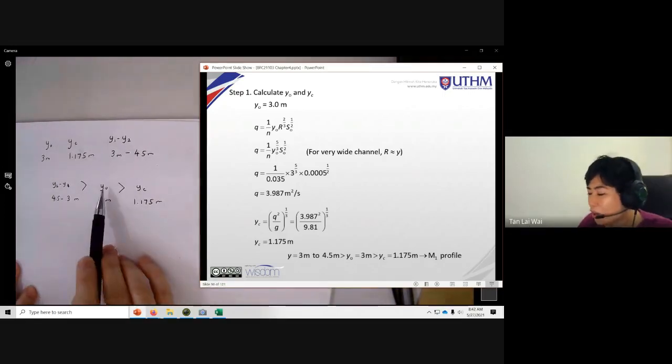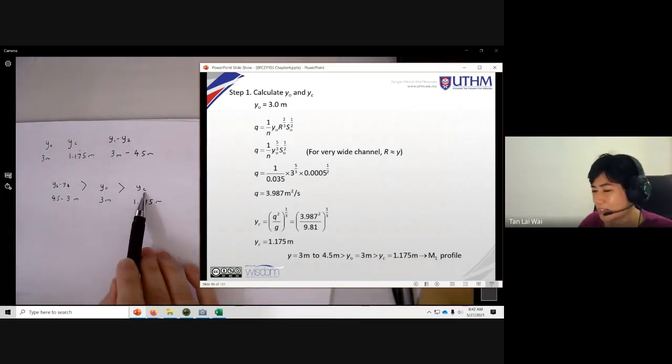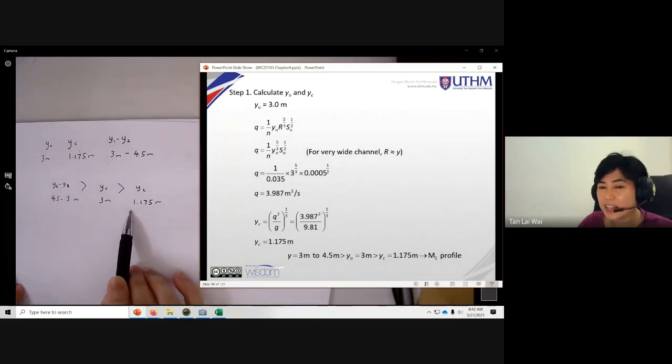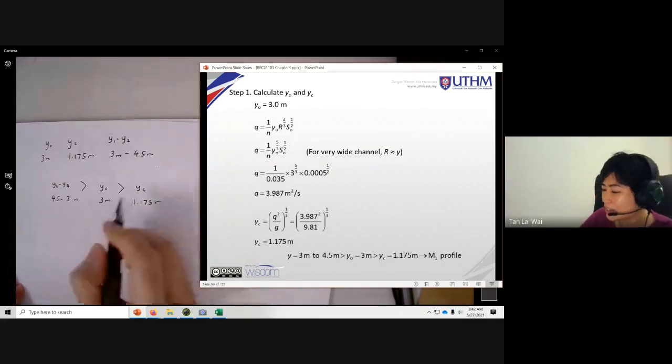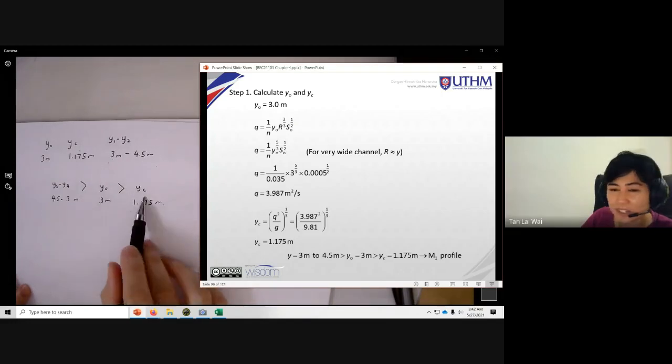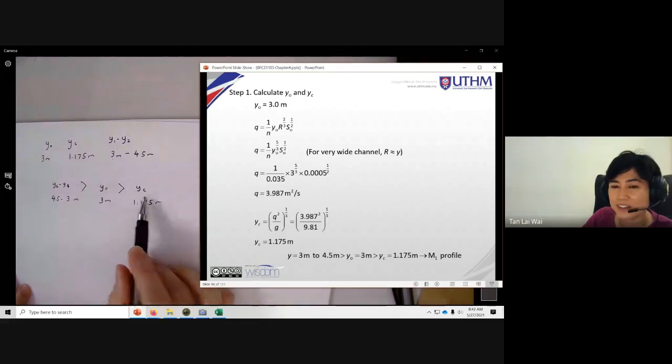First thing, if I compare Y naught and YC, anyone can help me? What profile is this when Y naught is greater than YC? S, H, A, C, or M?